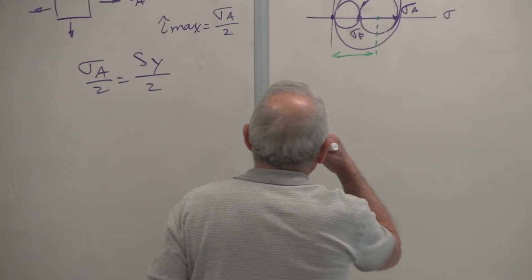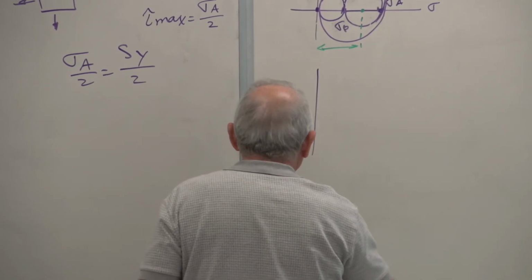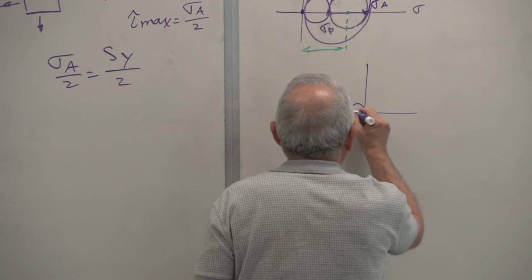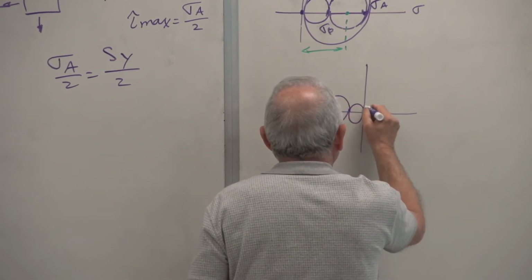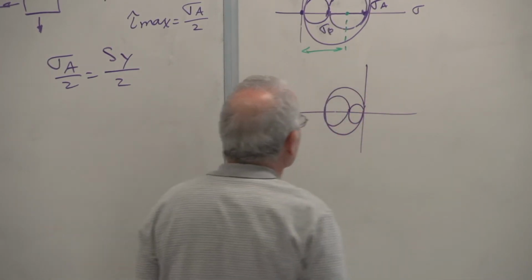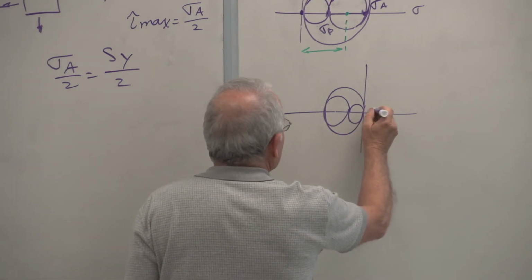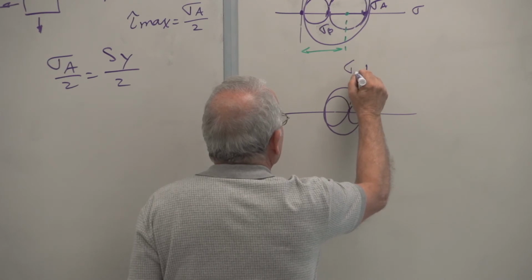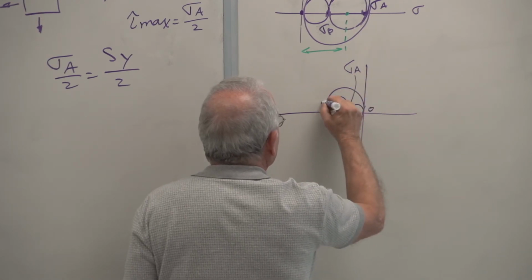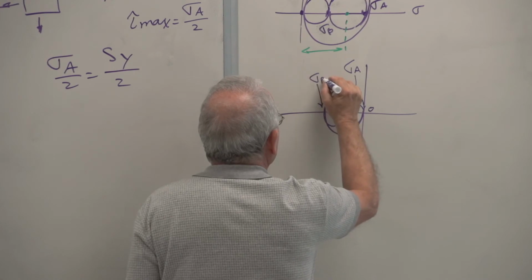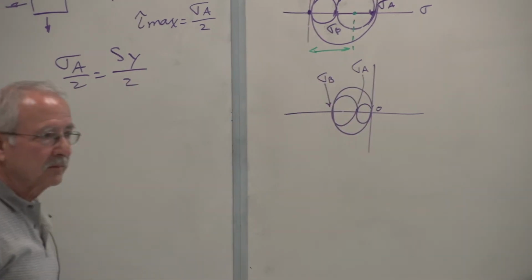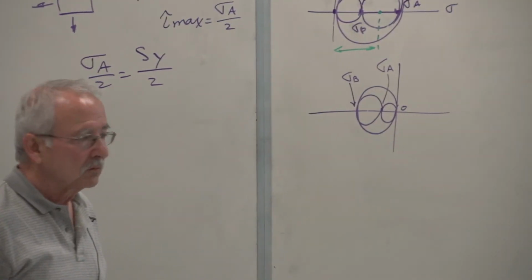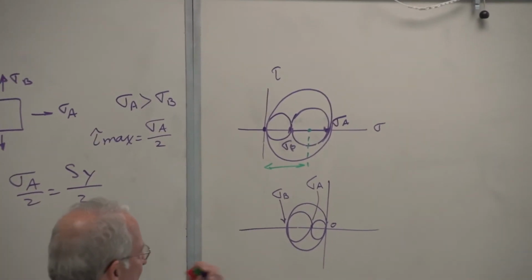The second case is this case. This is 0, sigma A, let's say, sigma B, like that. Both negative. Let me follow the same thing.